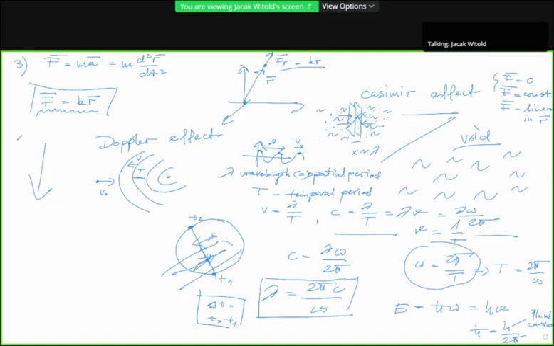However, physically for oscillators, this Casimir effect and void quantum energy, as I mentioned, has also a lot to do with oscillation. Normally what we do with oscillation is that we use the force F = -kx, which is called the restoring force.